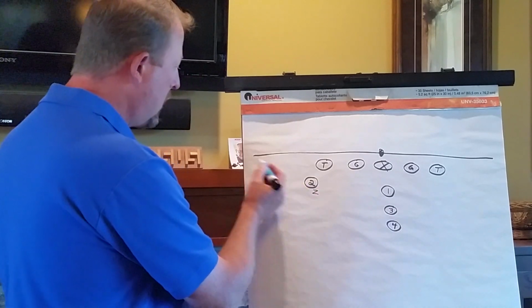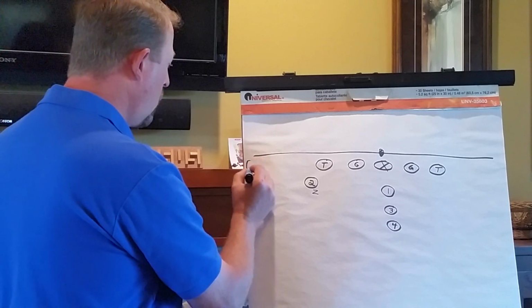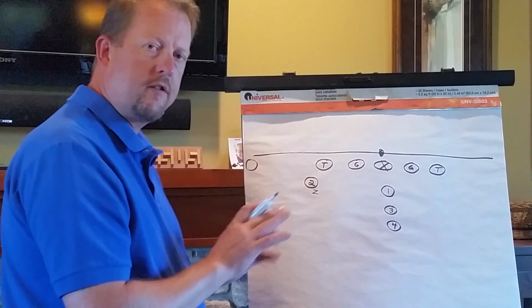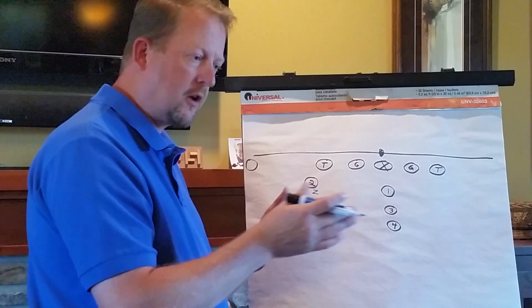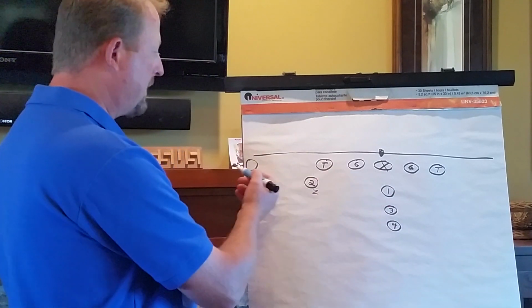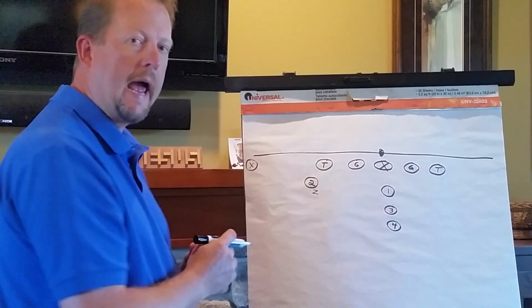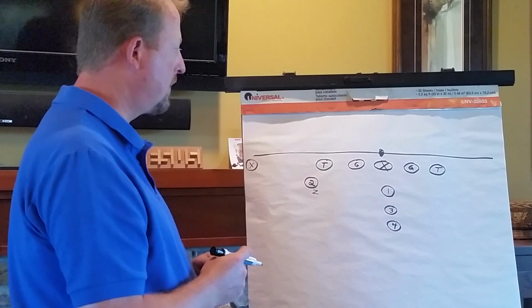Out on this side, usually up on the line of scrimmage, way out here, usually extended 7 to 10 yards, depending on the grade and the age and the ability of the player, he is referred to as the X, or X receiver.